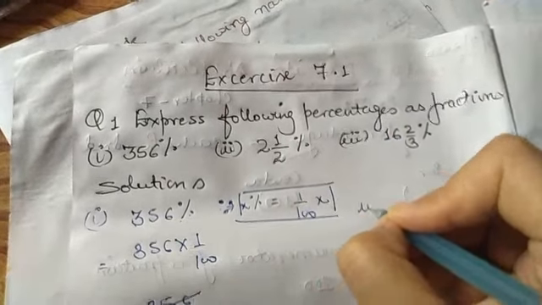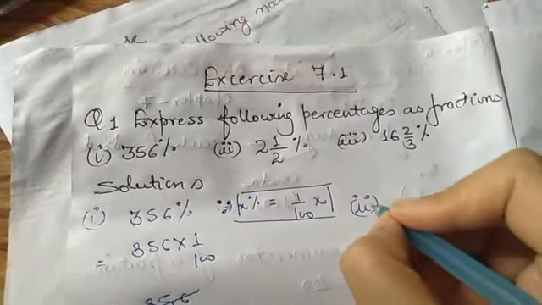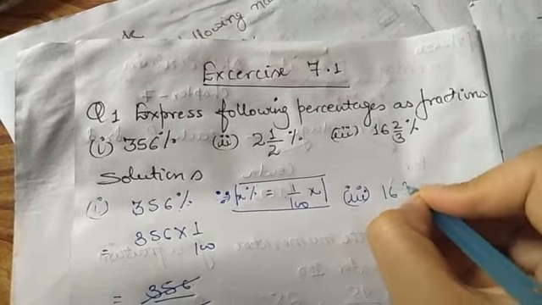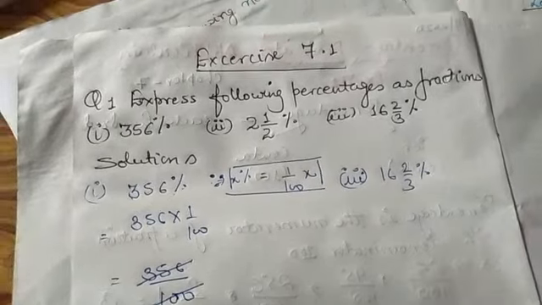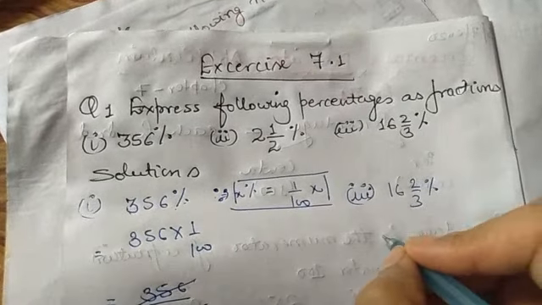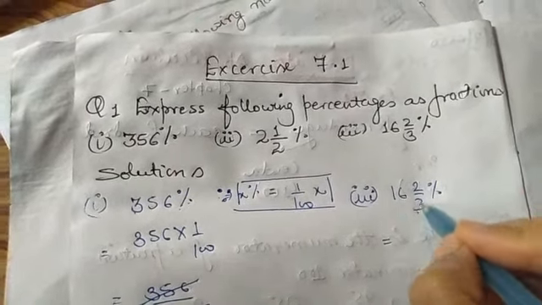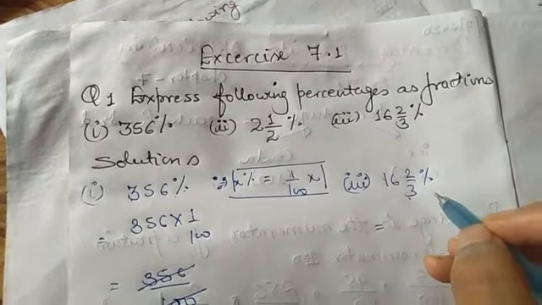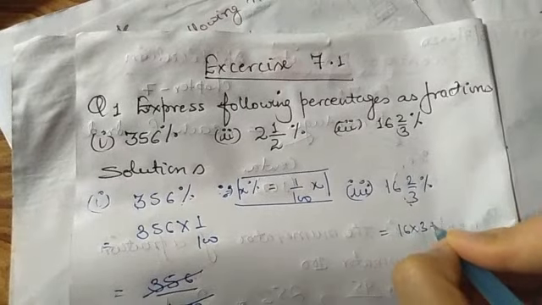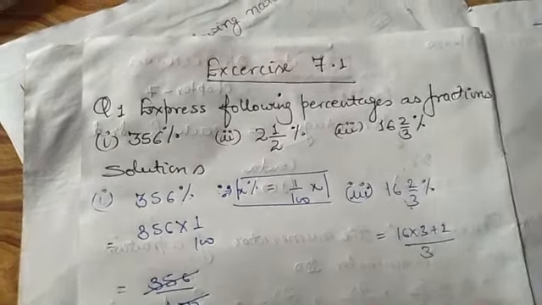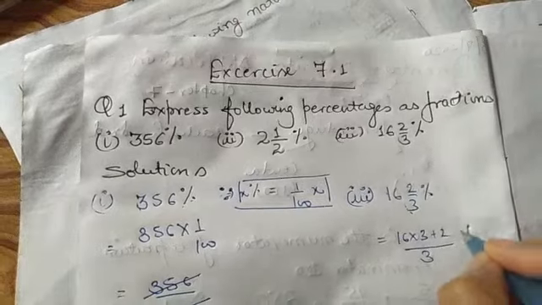Again, let's take the third. 16 2 by 3%. First, we will convert it into an improper fraction. 16 threes are 48, 48 plus 2 is 50. So 16 into 3 plus 2 upon 3, I can write it like this with the percentage.